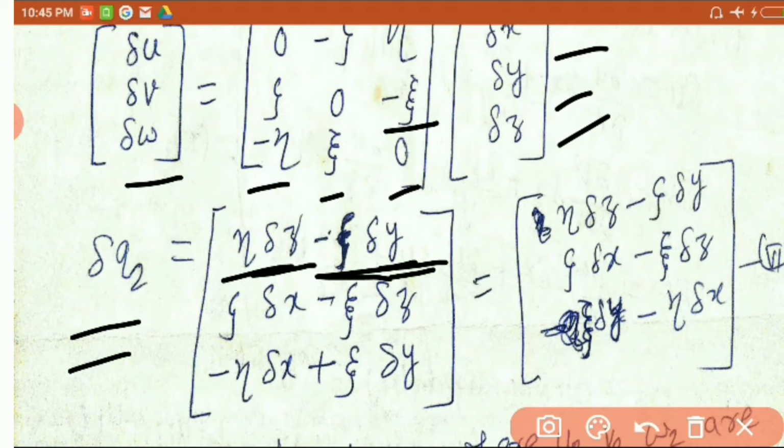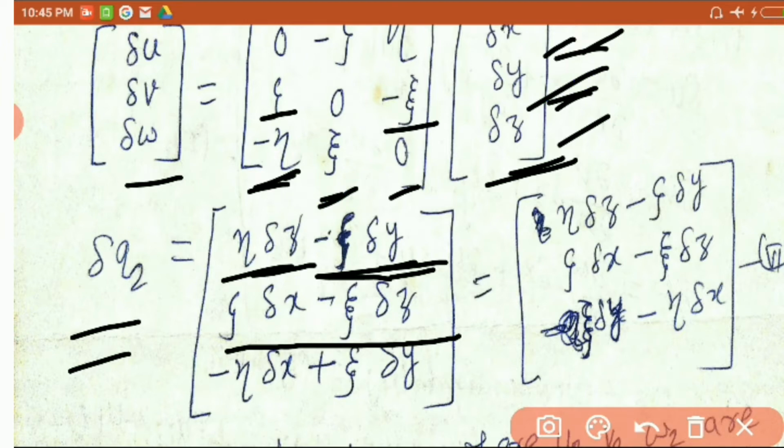Similarly, zeta into delta x plus 0 into delta y plus minus xi into delta z. So what do we get? We get zeta delta x minus xi delta z. Similarly, minus eta into delta x plus xi into delta y plus 0 into delta z.